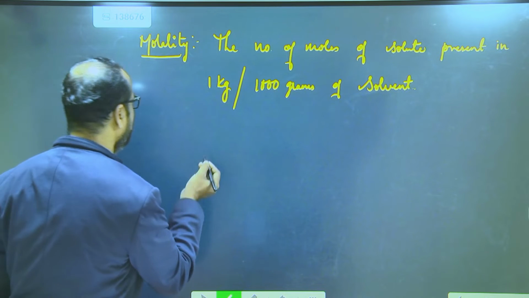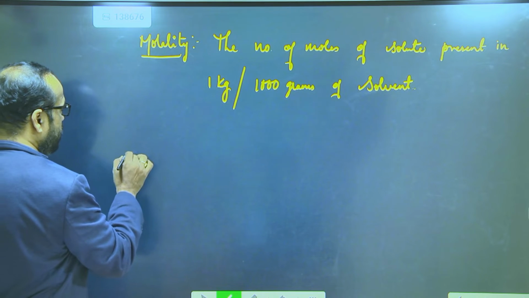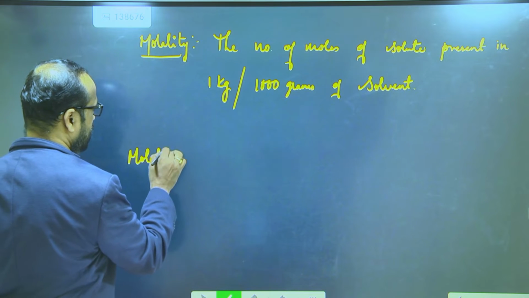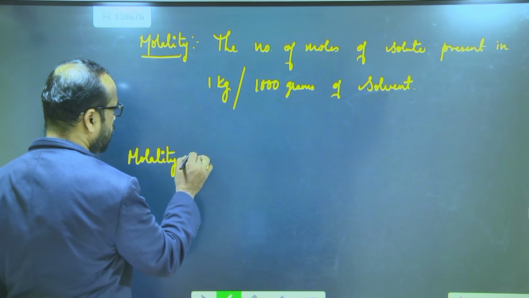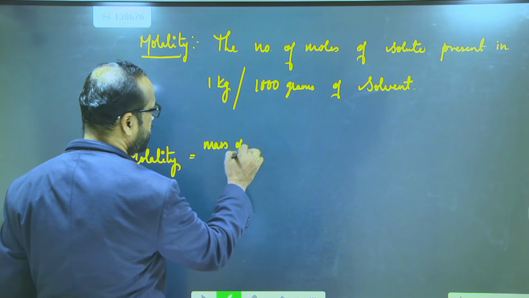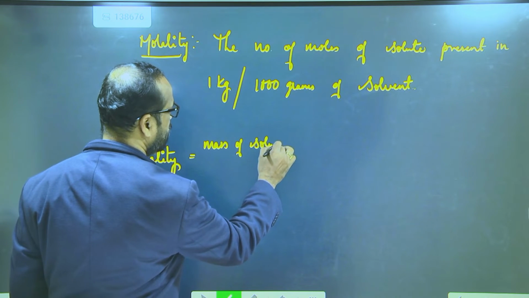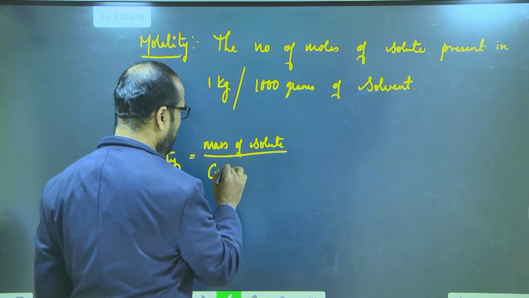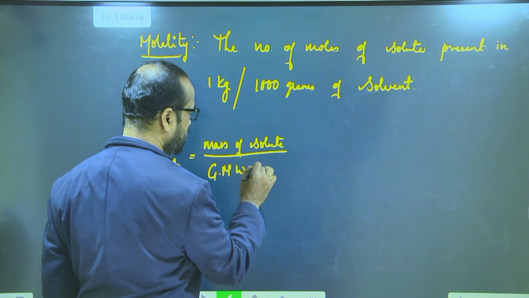The molality formula remains the same as molarity. So see here, molality is equal to mass of solute by gram molecular weight of solute.